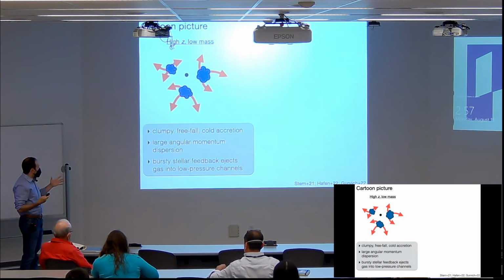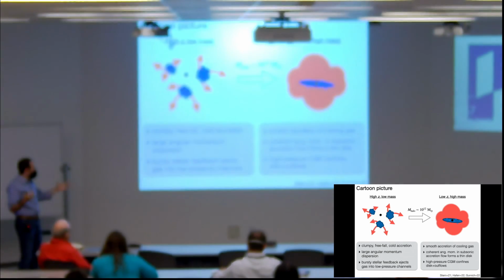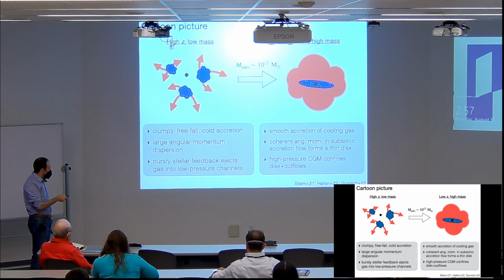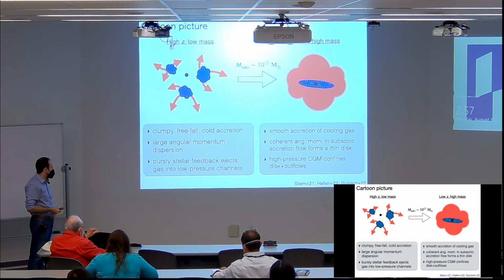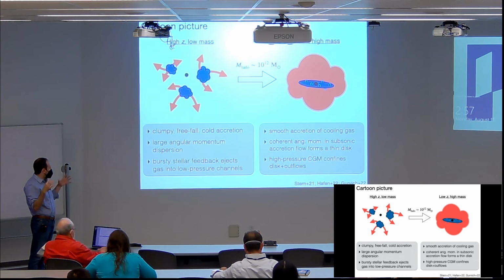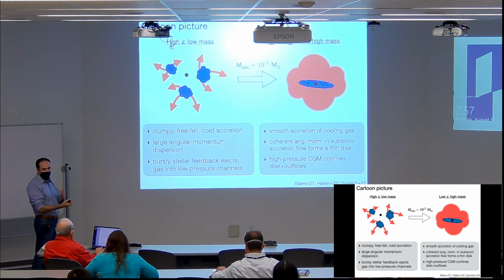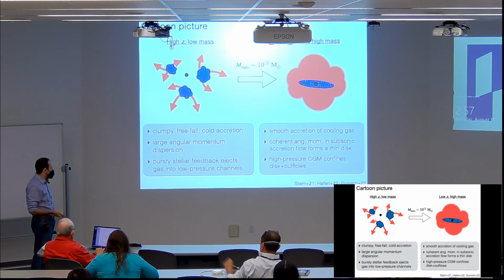And then eventually your halo becomes sufficiently massive that the gas inside it has fully virialized. From that point on, you get smooth accretion of cooling gas in the cooling flow type model, and you have coherent angular momentum deposition in the inner regions in a subsonic accretion flow.